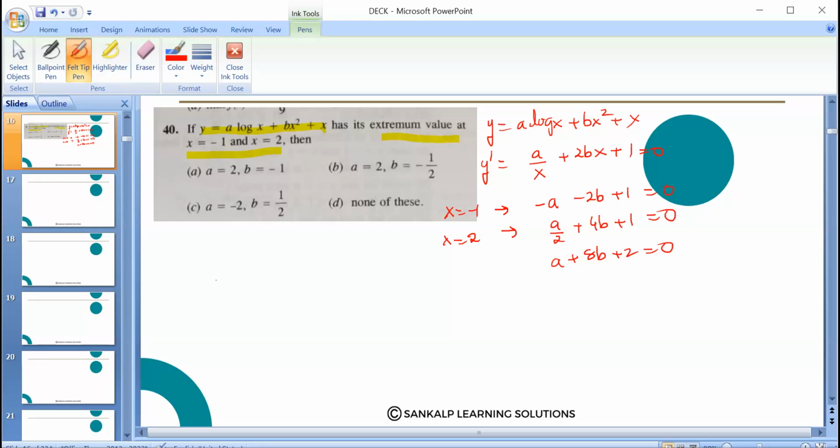Now we have two equations. A plus 2b minus 1 equal to 0, the first one, and a plus 8b plus 2 equal to 0.